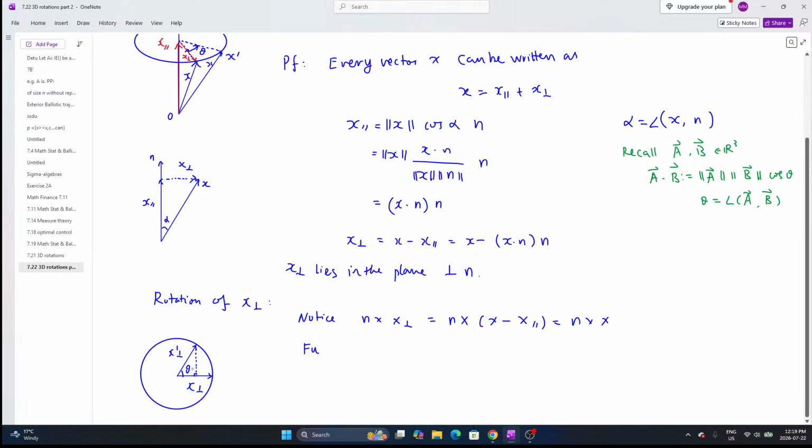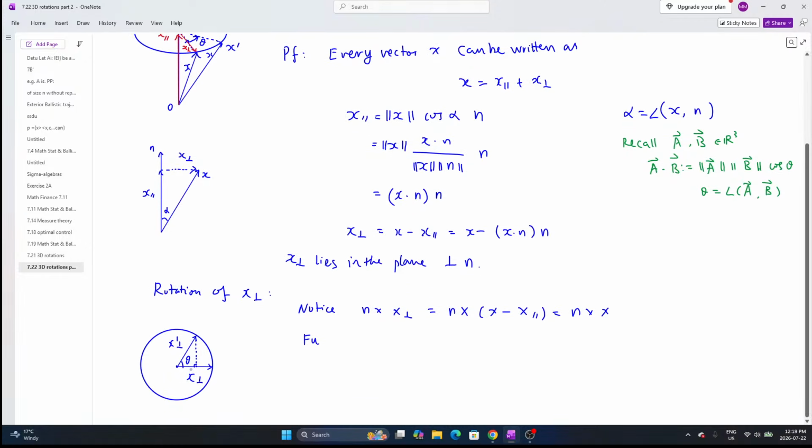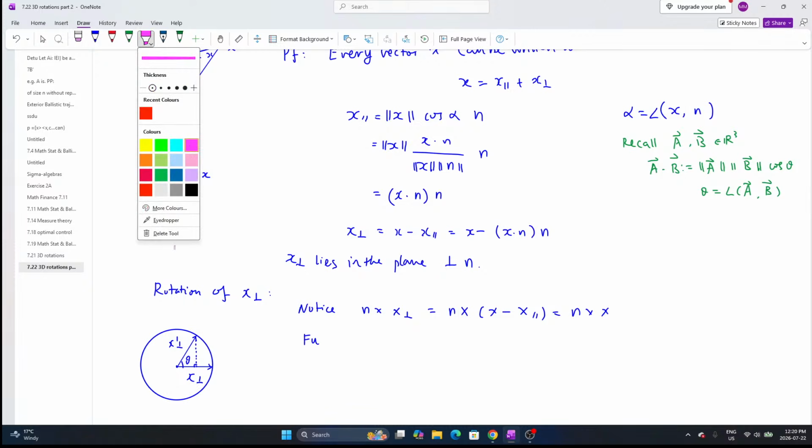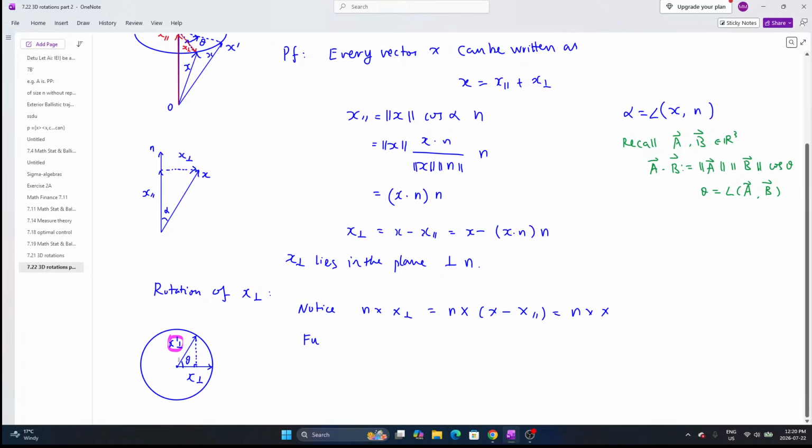You see in this diagram, I'm looking at this triangle here. The focus is on this triangle. So x prime perpendicular has two orthogonal components as well. The component of x perpendicular prime in the x perpendicular direction is easy to obtain.